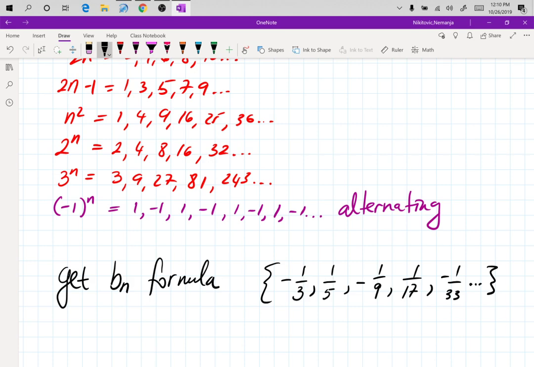Any takers? I'm trying to figure out how to merge the two, but I know that. Very close, very close. 1 over negative 2 to the n plus 1. It's +1, not -1, but yeah. So this is why it's important to have these memorized.